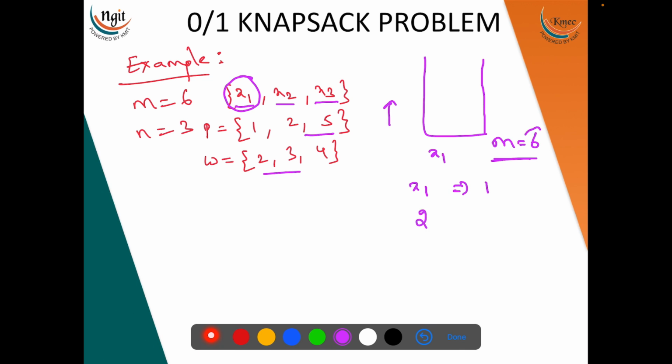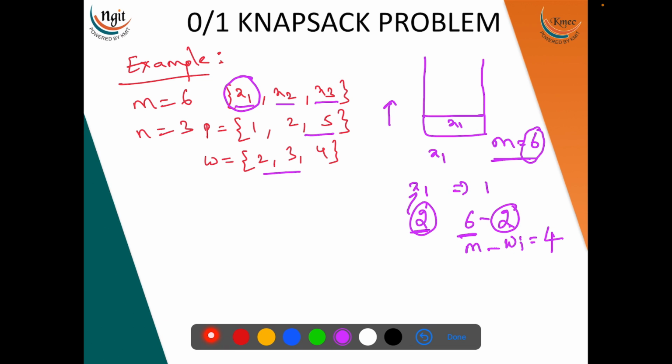The total capacity of the bag is 6, and I am utilizing only 2, so 4 capacity is still left: 6 minus 2. 6 is M, and 2 is the weight of the particular item, that is Wi. So M is 6, Wi is 2, and I can still utilize 4 weight for the next object. So I am placing x1 in the container.